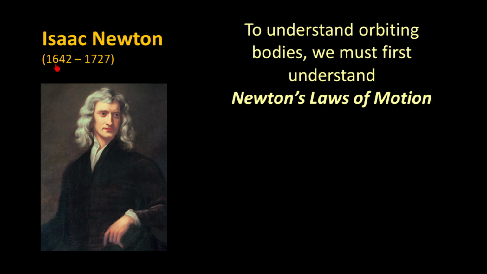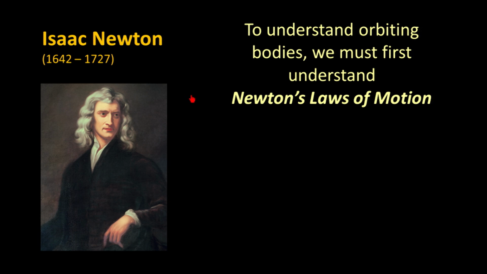Interestingly enough, he was born roughly the same year that Galileo died, so it gives you a little bit of context. He was an English scientist, English physicist, and he is, of course, revered as one of their more famous English citizens, and he is buried in Westminster Abbey, which is one of the most prestigious places that you could be buried in the country of England.